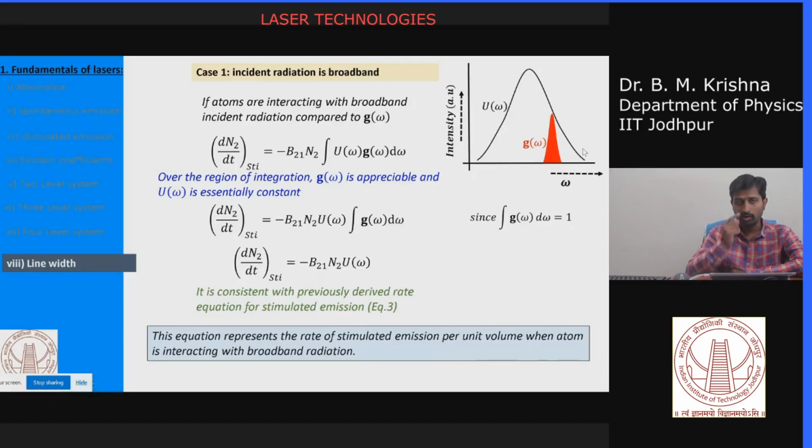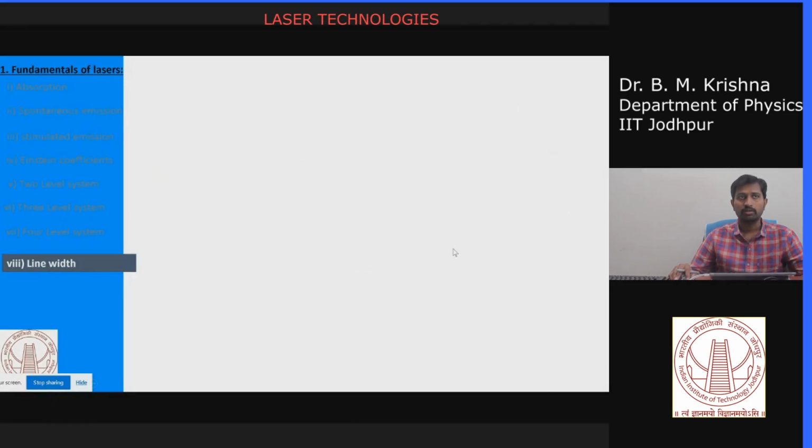You have a wide range of frequencies in the spectrum, and that is what you call broadband radiation or a broadband spectrum. So with broadband radiation as your input, your stimulated emission rate will be this one.